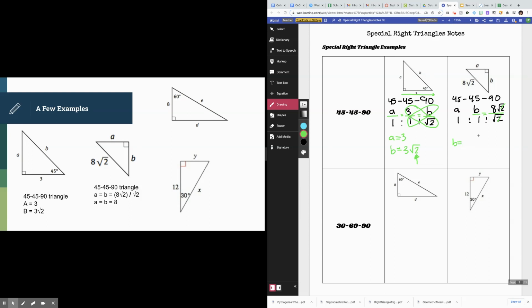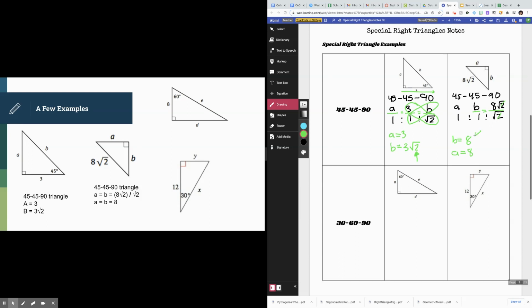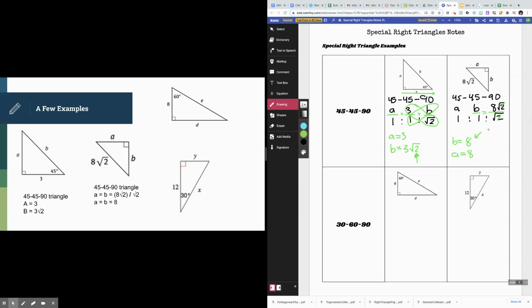So you could do this by straight division because it works in this one, or you could do cross multiplication, and I'll show you what that looks like in a second in one of these 30, 60, 90 examples. And now I know if B equals 8, then A has to also equal 8, right? Just as a reminder, to get this, I did 8 root 2 divided by root 2.